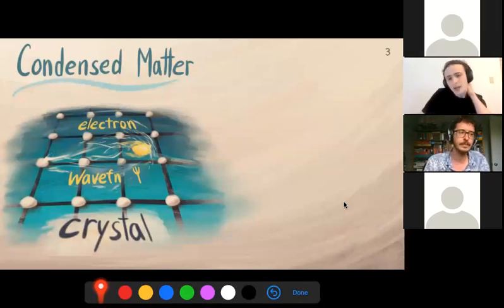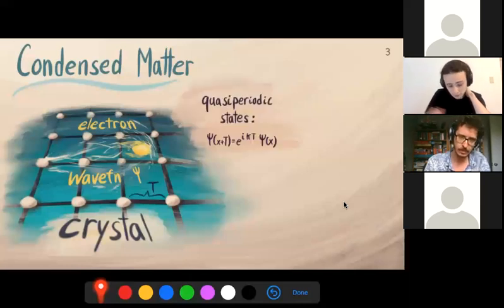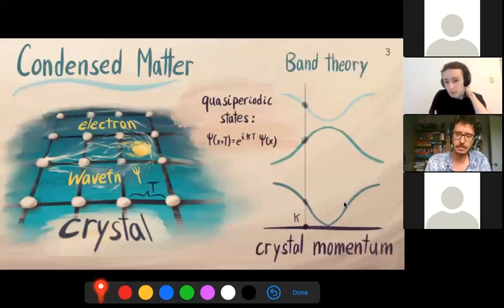So the answer to that comes from Bloch's theorem, which says that the electron states are not quite periodic. They are quasi-periodic. Just to remind you, an electron can be described by a wave function. That's just a complex valued function on the plane. And quasi-periodic means that as I move one period in the lattice directions, I'm just going to pick up a phase, right? This phase out here, k, is called the crystal momentum.